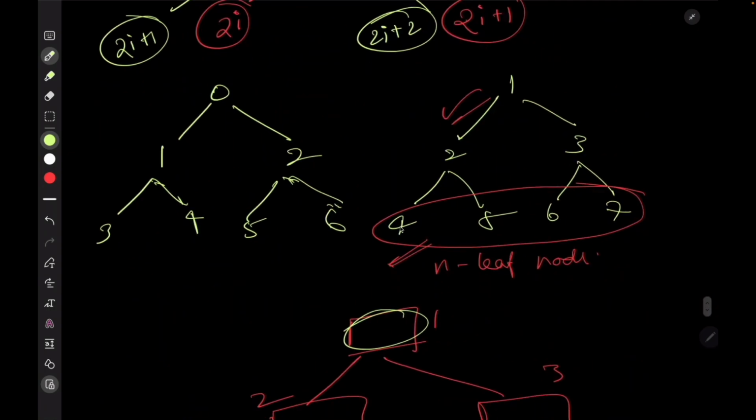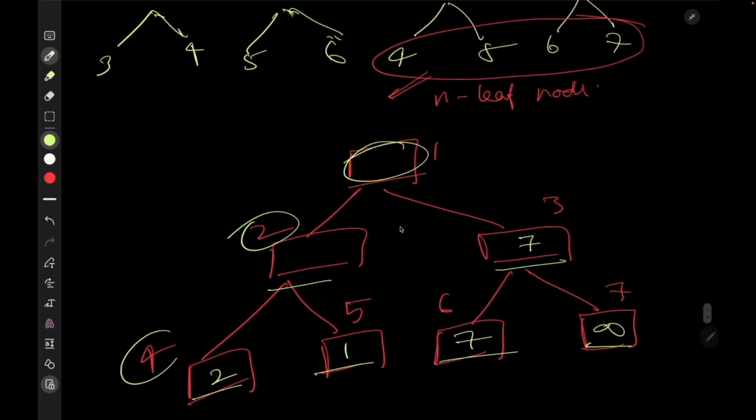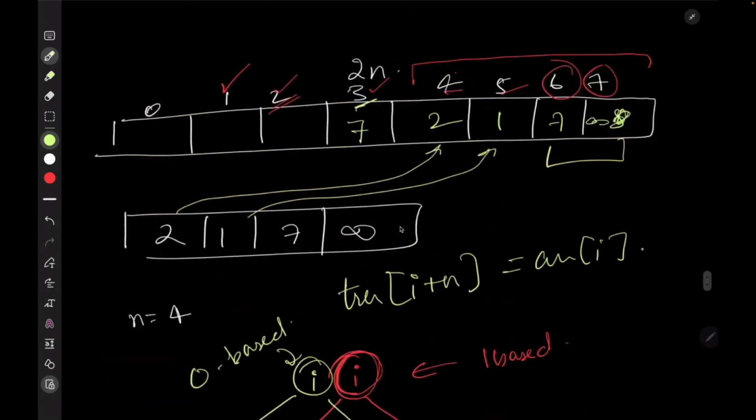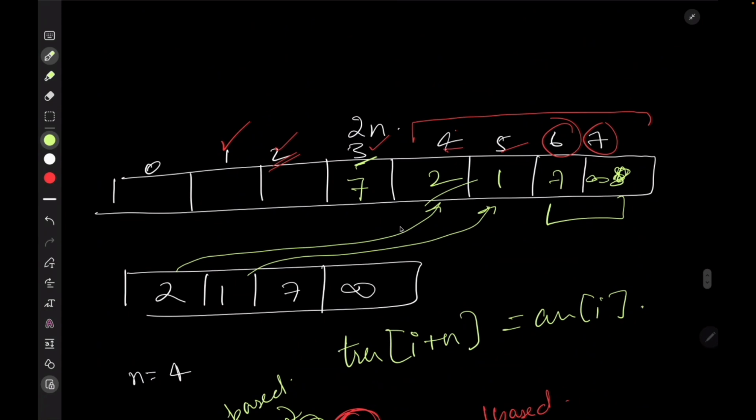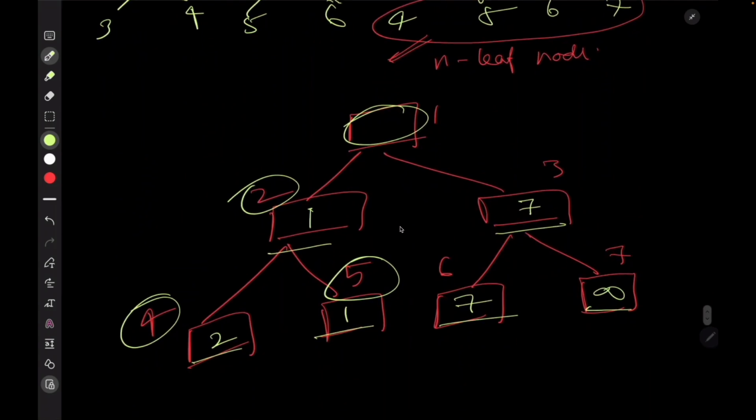We filled 7 here. Similarly, 2 will be the minimum of its children, that is 4 and 5. At index 4 we got 2 and at 5 we got 1, and for the root node it will be the minimum among these two indices, that will be 1. So here we created our segment tree.